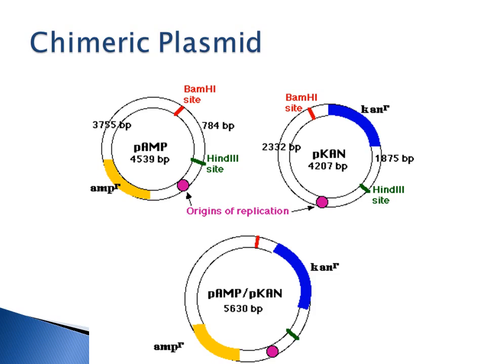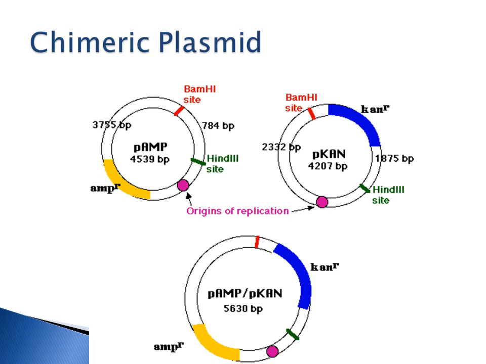So here's an example of how you would make a chimeric plasmid. On the top left, you have a plasmid that contains the ampicillin resistance gene. On the right, you have a different plasmid that contains the kanamycin resistance gene. So let's say you wanted to make a plasmid that has both the ampicillin and the kanamycin resistance gene.